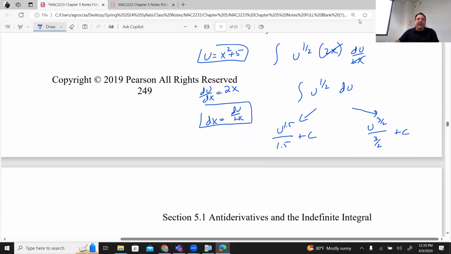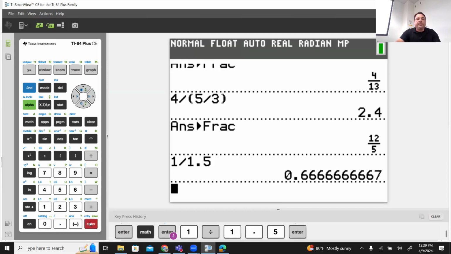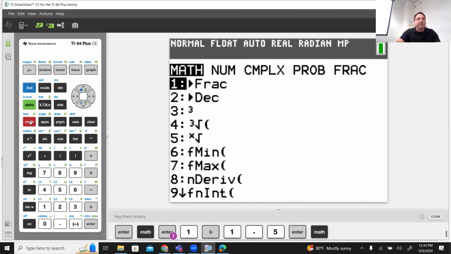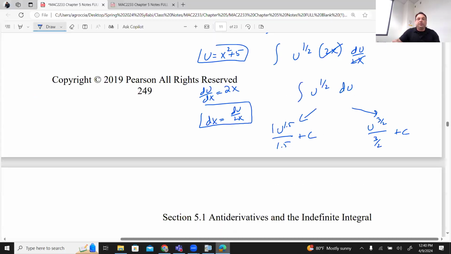Now, if I was going to simplify this, this would be 1 divided by 1.5, which gives you 0.6 repeating. That ends up being 2/3. So it's a little bit easier to say 2/3.